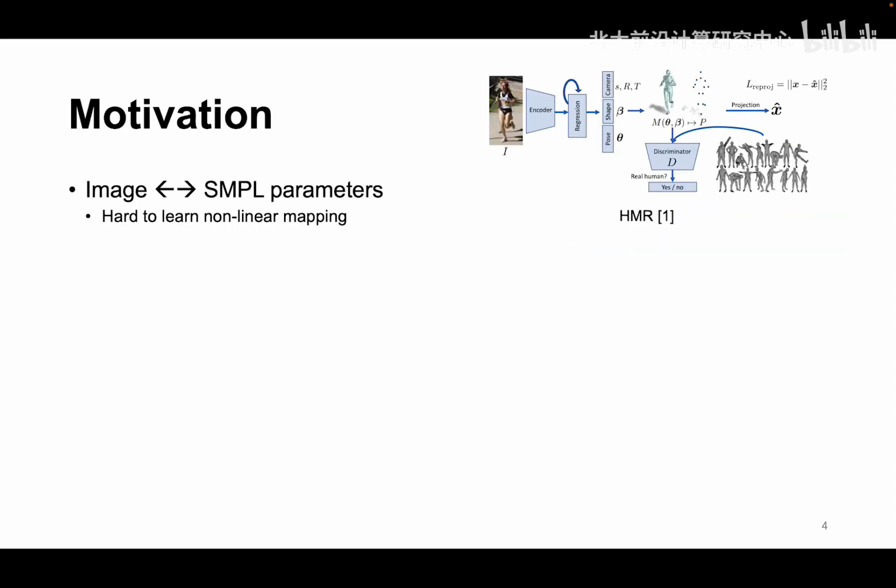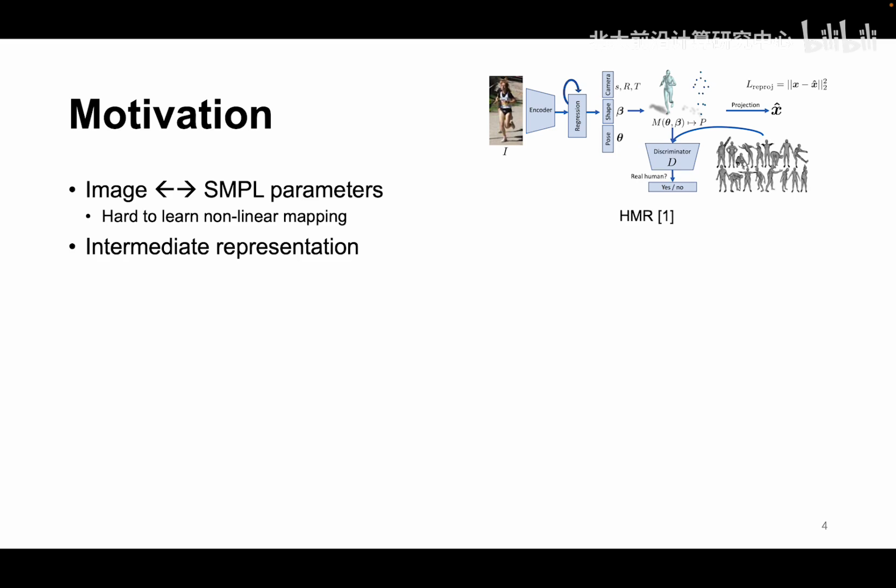The pioneer methods such as HMR propose to regress the pose and shape parameters of the SMPL models directly from images. While straightforward, their accuracy is usually limited since the mapping from the image features to the model parameters is highly nonlinear and suffers from image-model misalignment. Some works propose to introduce proxy tasks to get intermediate representations first, hoping to alleviate the learning difficulty.